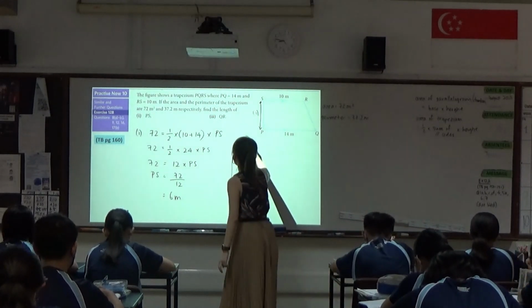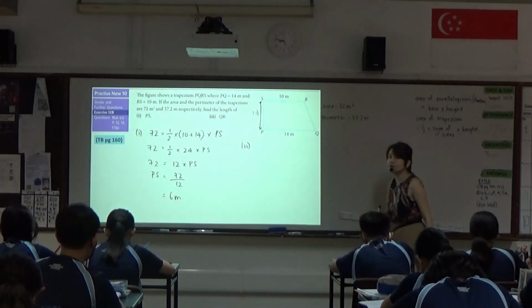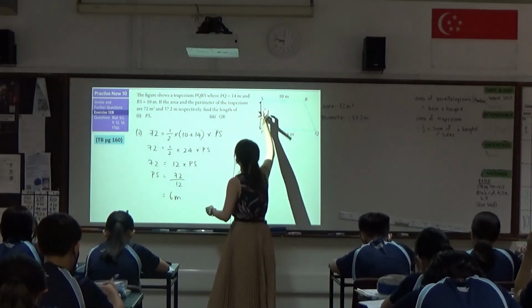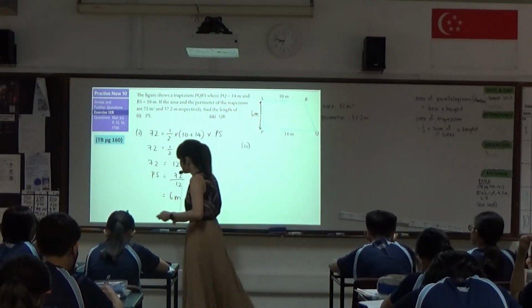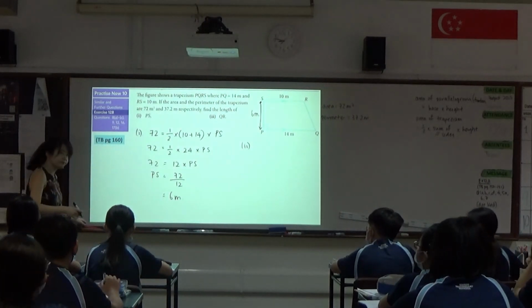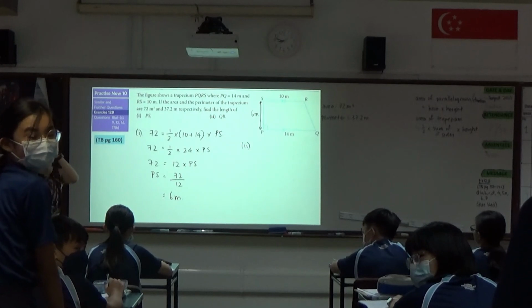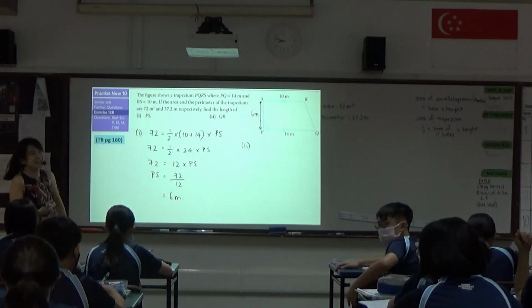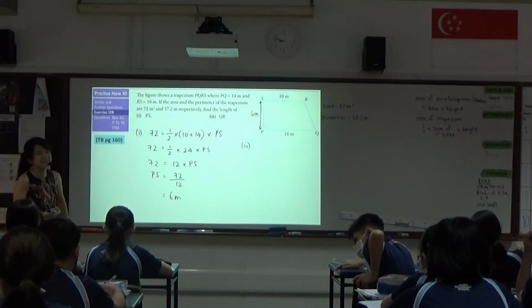Then lastly, part 2. We want to find QR. So we already know that PS is 6 meters. So finding QR, what would that be? You can give me the length of QR.